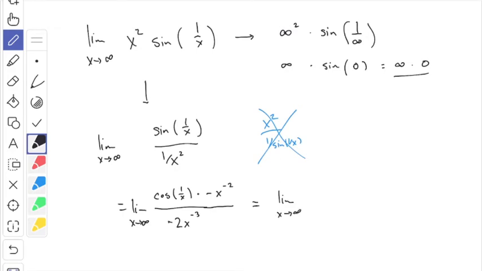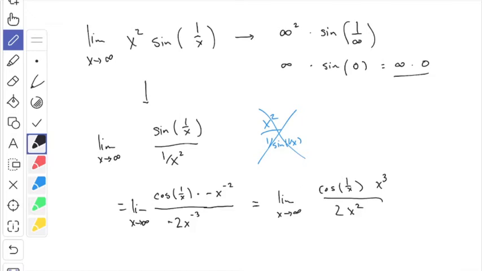Maybe, so that I don't confuse myself too much, I'm going to flip all the powers around. When I see x to the minus 3 on the bottom, that's the same as x to the plus 3 on the top, right? And when I see x to the minus 2 on the top, that's the same as x squared on the bottom. And then I also have a constant. I have 2 minus signs which are going to cancel. And I have a 2 in the denominator, so I'll just keep the 2 in the denominator. I think that's the same.